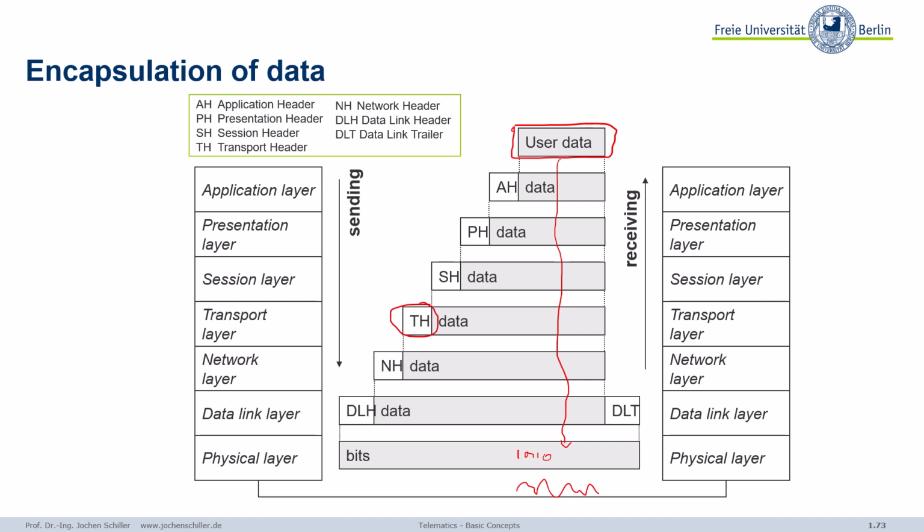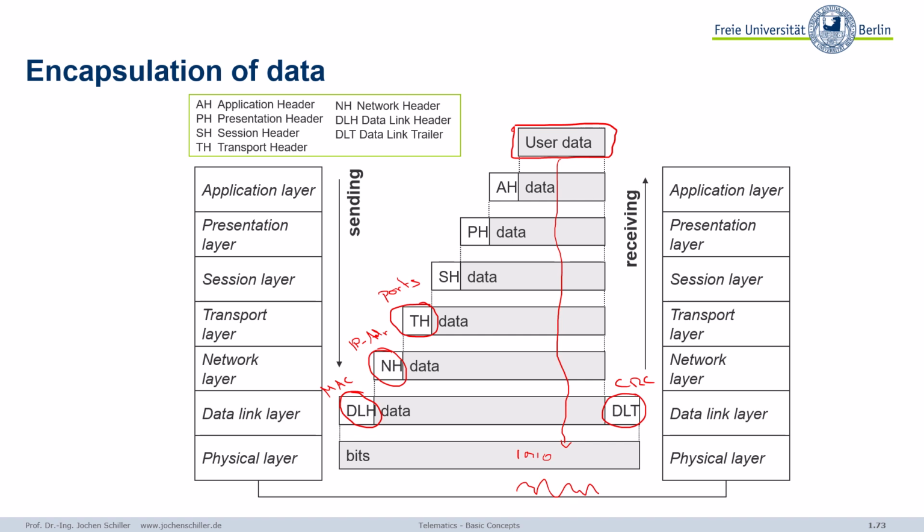A transport header, this is where we have the so-called ports. We have the network header, this is where we have our IP addressing. We have the data link header, this is where we have our MAC addresses. Plus we have a CRC, a checksum at the end.